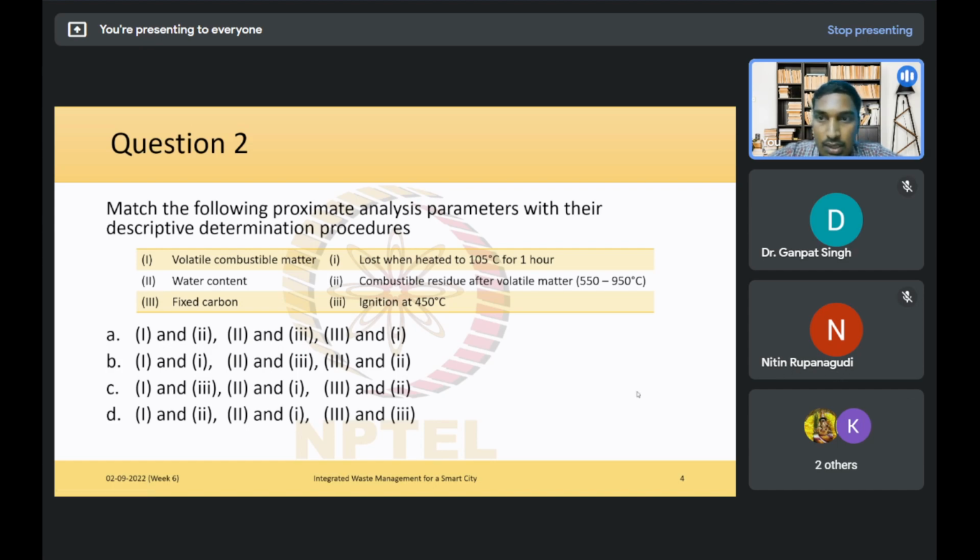So you can take a minute to think about which procedure will be used to determine which parameter in the first column. I'll create a poll, and then you can post your answers in the poll. Okay, I have launched the poll. Once you are ready with your answers, you can put it in the poll.